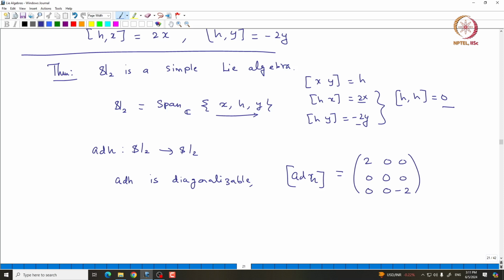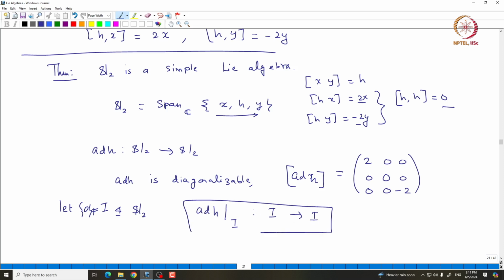Now, because of this, if we have any ideal inside SL2, so let I be a non-zero ideal inside SL2, then we can restrict the action of ad h to this I. Then this has to map I to I. That is the first observation. Since ad h is a diagonalizable operator on SL2, if we restrict that operator to I, that also must be diagonalizable.